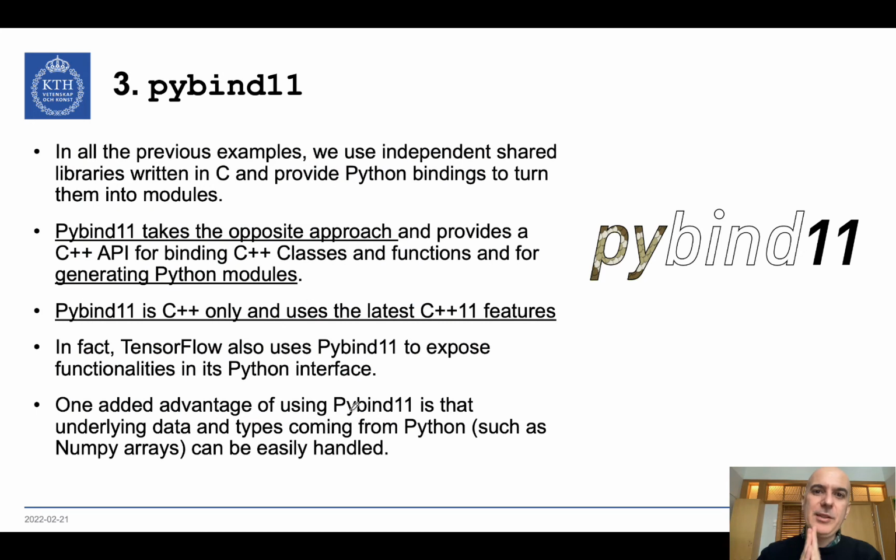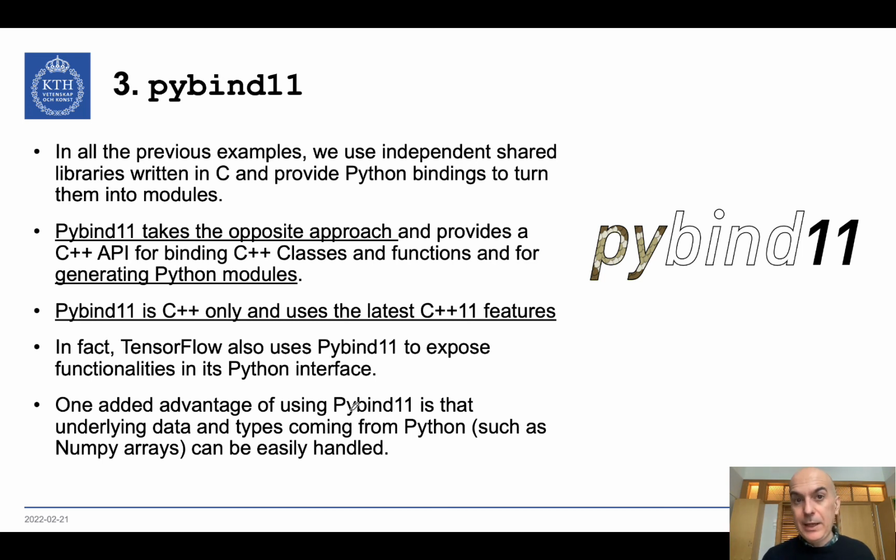Finally, I just want to spend a few words about PyBind11. In all the previous examples, we used independent shared libraries written in C and provided Python bindings to turn them into modules. PyBind11 takes the opposite approach: it goes from C++ to Python and provides a C++ API for binding C++ classes and functions and for generating Python modules from the C++.